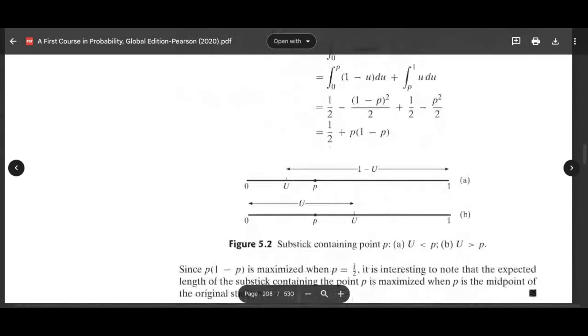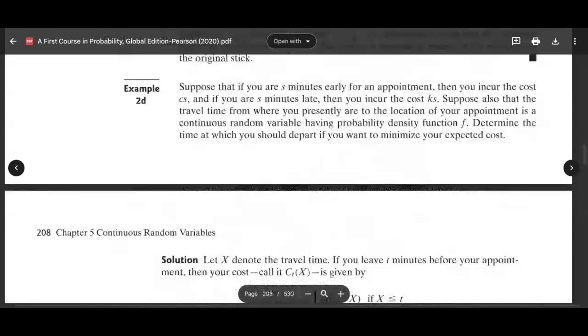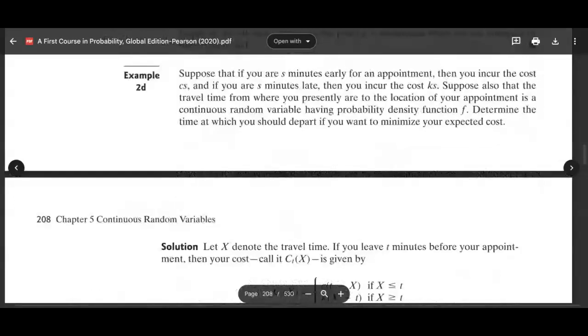Okay, let's see this one. I think this is second to last. Oh, we still have a couple more. Suppose your estimate is early for an appointment, then you incur the cost cS. And if your estimate is late, then you incur the cost of kS.